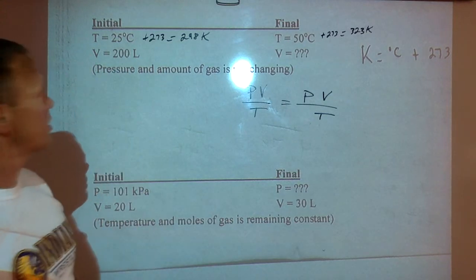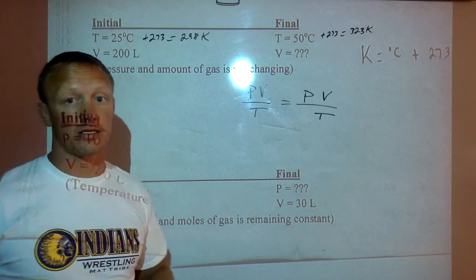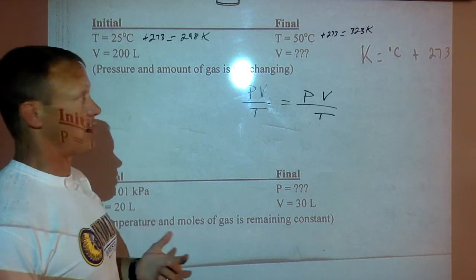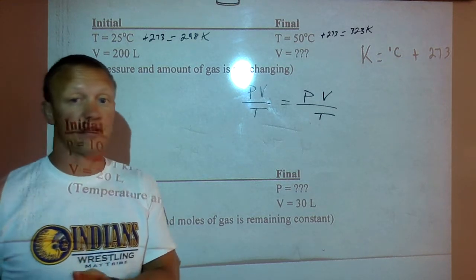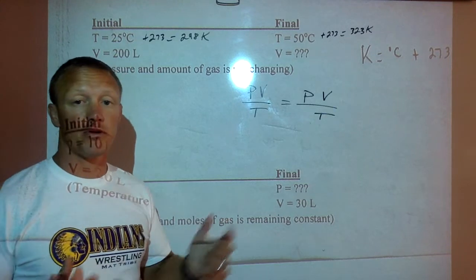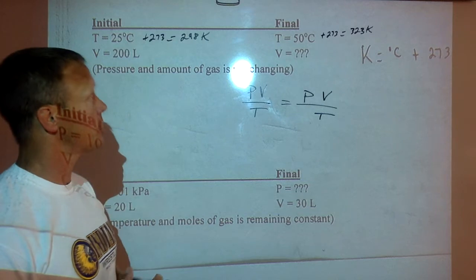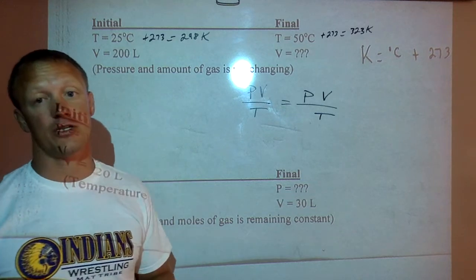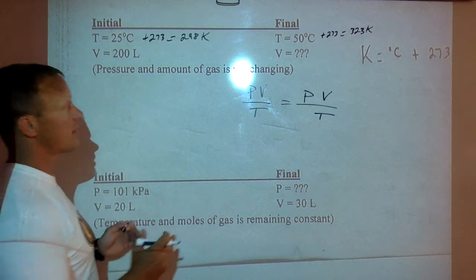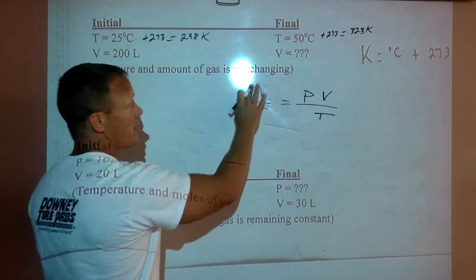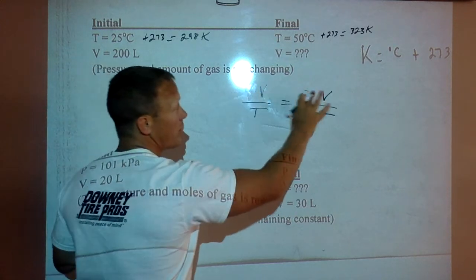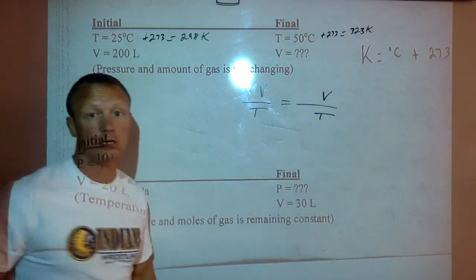The other thing is pressure is staying constant. It doesn't matter what you put in for pressure, whether it's staying at 1 atmosphere or 5 atmospheres. The pressure is not affecting the volume. The only change affecting the volume of the gas is temperature. The number of moles of gas is not changing either. Since the pressure is staying constant, we can just remove it from the proportion, or we could put a 1 in there on both sides.